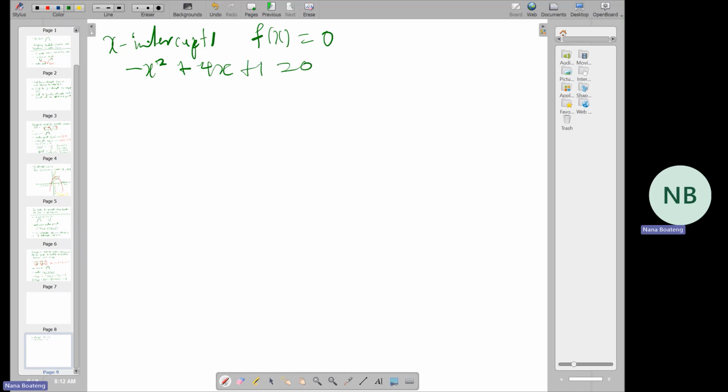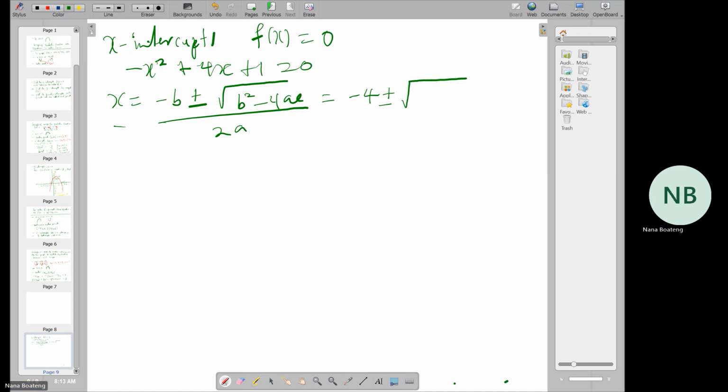All right, so we can use the quadratic formula to solve this. x is equal to minus b plus or minus square root of b squared minus 4ac, divided by 2a, which is -4 plus or minus the square root of 4 squared minus 4 times -1 times 1, divided by 2 times -1.